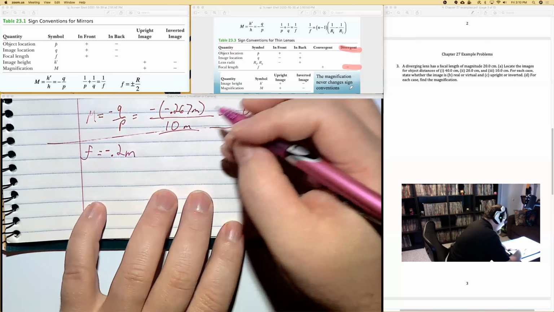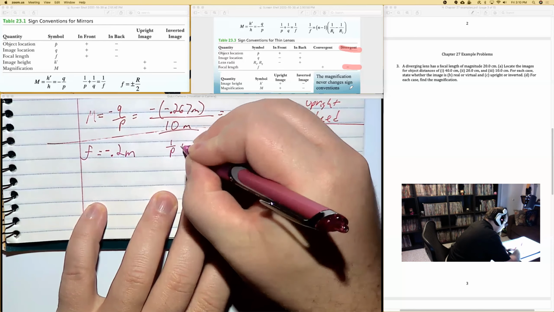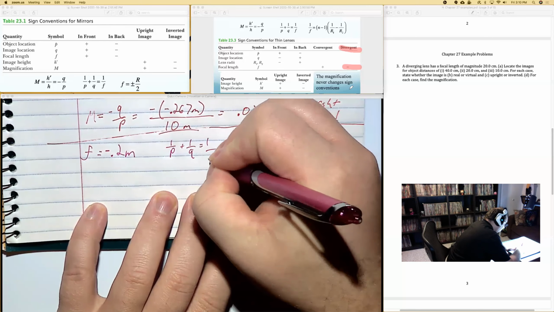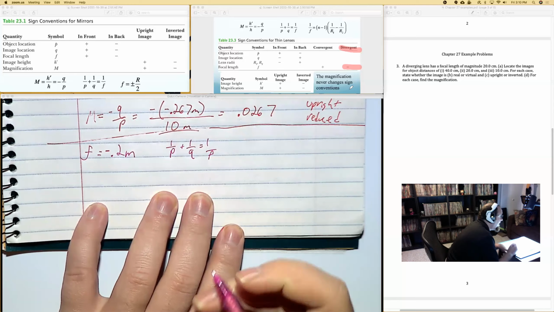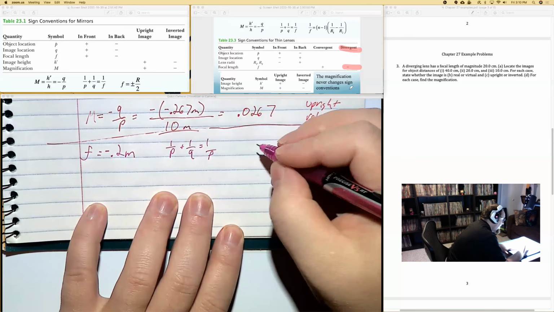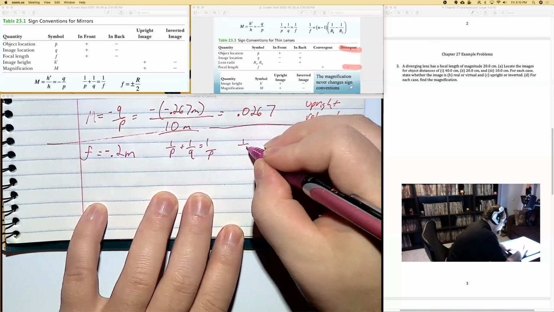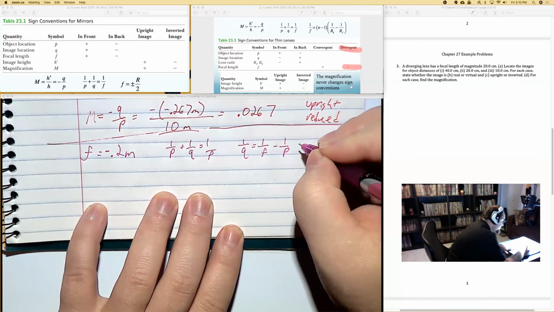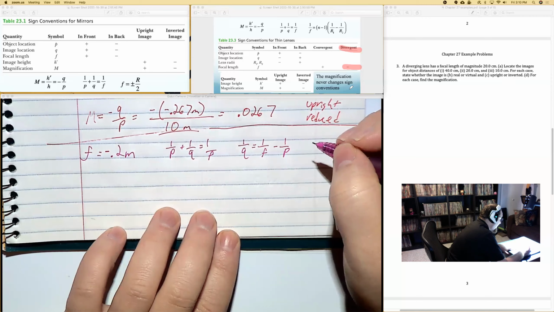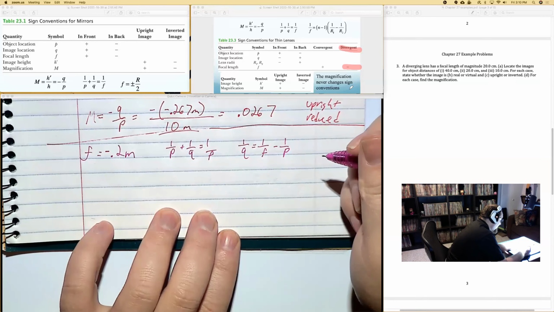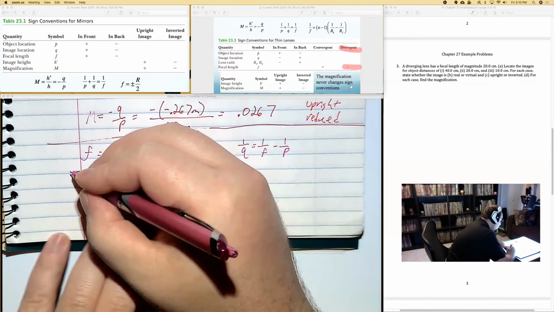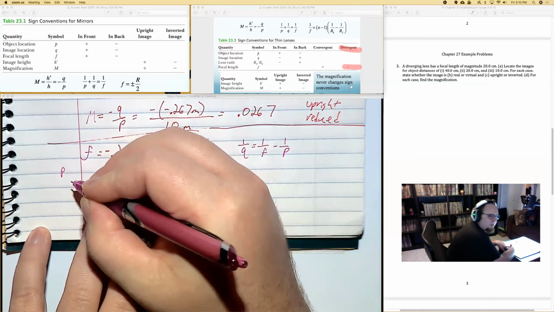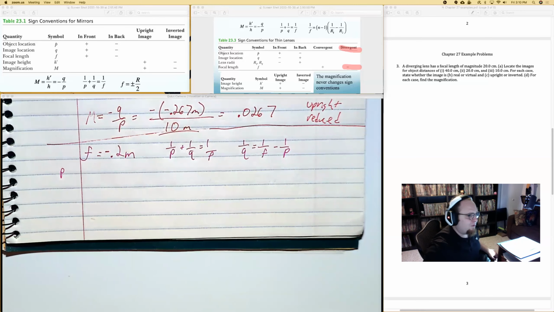Well, basically my equation will start the same. 1 over P plus 1 over Q equals 1 over F. Even though we're now talking about lenses, not mirrors, that doesn't change. So it'll still be 1 over Q equals 1 over F minus 1 over P. And for each one, I will need more space for this problem. I forgot I did 3 times. P equals 40, 20, 10.